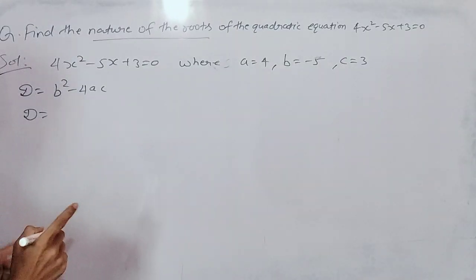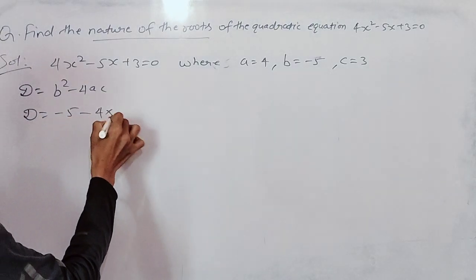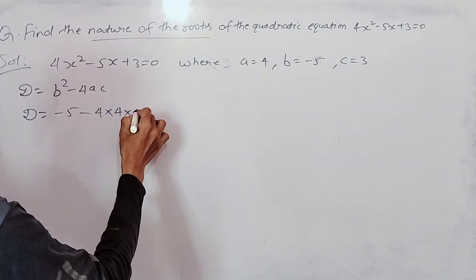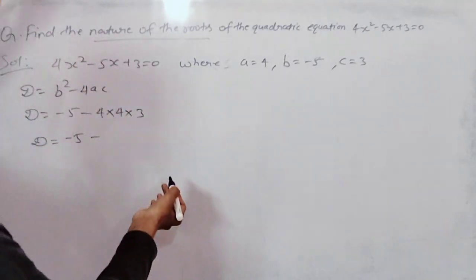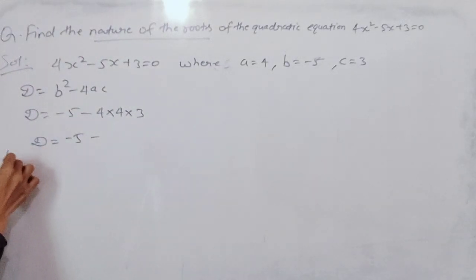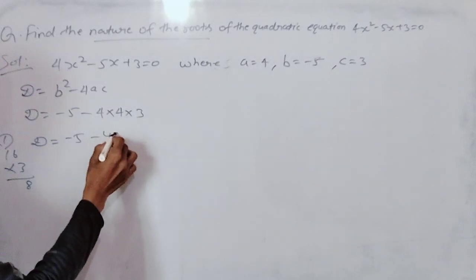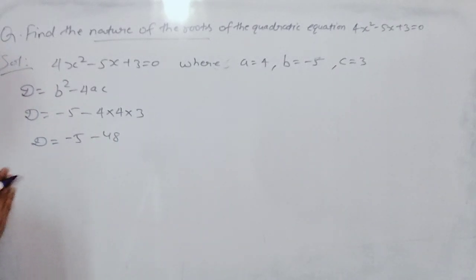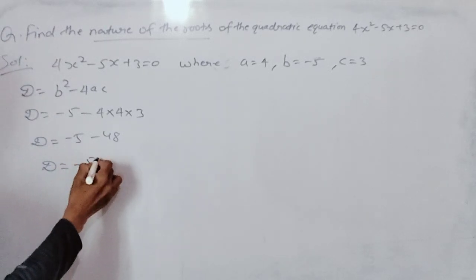Now look at here. b is how much? Minus 5. 4 multiple a is 4, c is 3. b square is 25, 4 4 is 16, 16 3 is 48. Now here 25 minus 48.